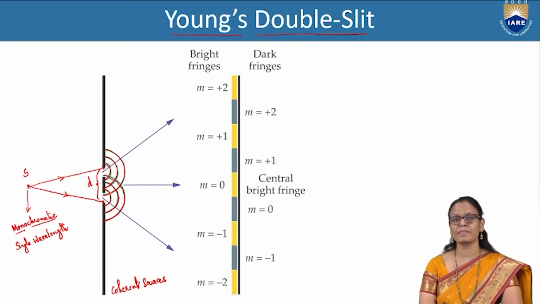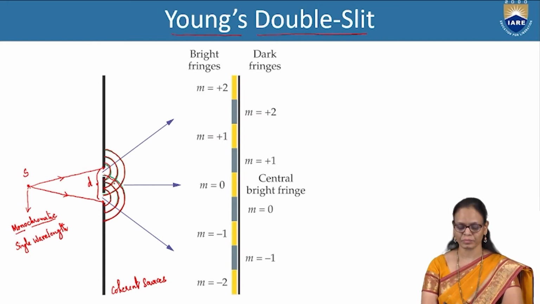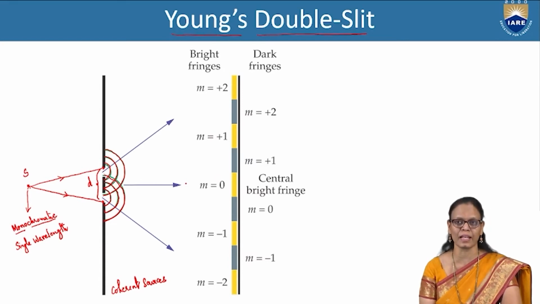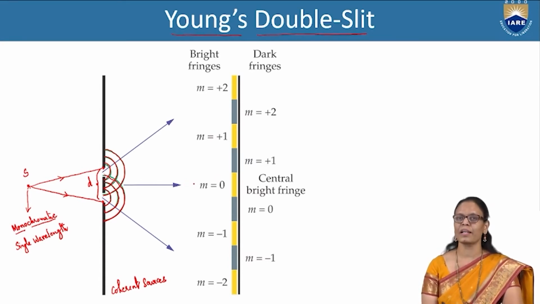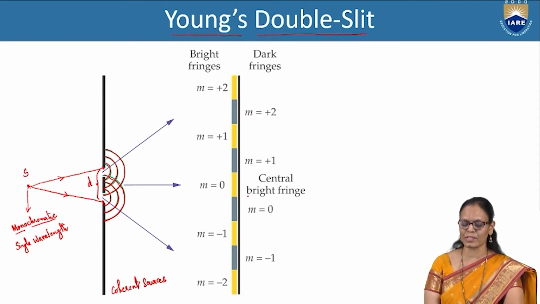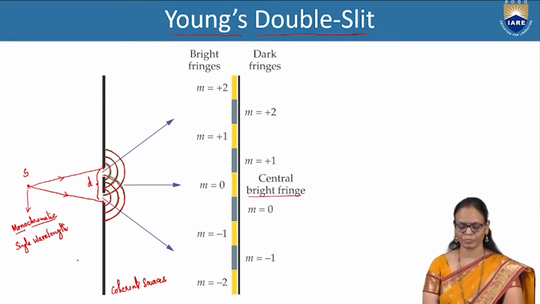Now these waves coming from these two slits superimpose on each other. Depending upon how they arrive, if the path traveled by these waves is the same, then they arrive in phase, meaning all those points will correspond to constructive interference, which gives rise to a bright fringe.